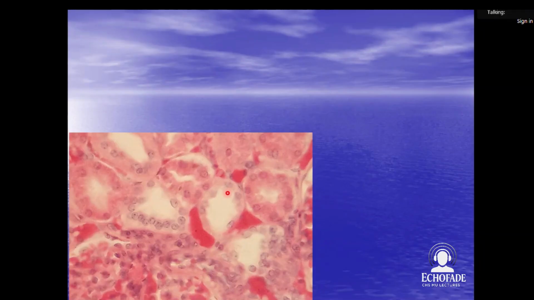So water gets back into the blood from the lumen, and therefore we are helping concentrate urine. At the distal convoluted tubule, we also have excretion of hydrogen ions. Hydrogen ions are excreted by the cell into the lumen. So this is where we have acidification of urine.